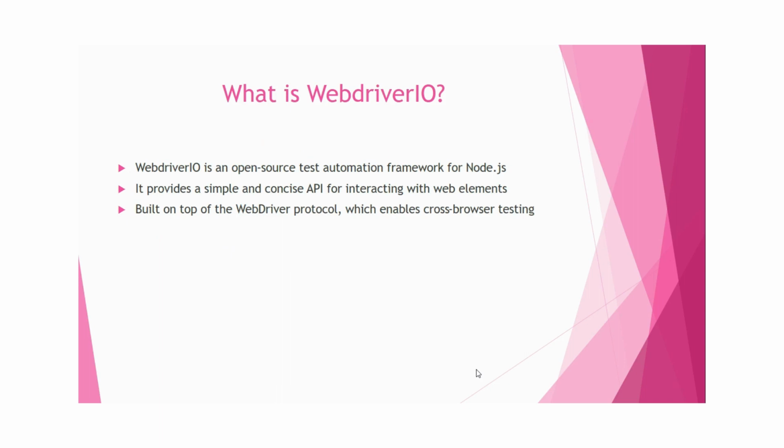WebdriverIO is an open source test automation framework written in JavaScript and TypeScript, which allows you to run your test cases on all the major browsers like Chrome, Microsoft Edge, Firefox, and so on. It will also automate mobile applications like Android and iOS.